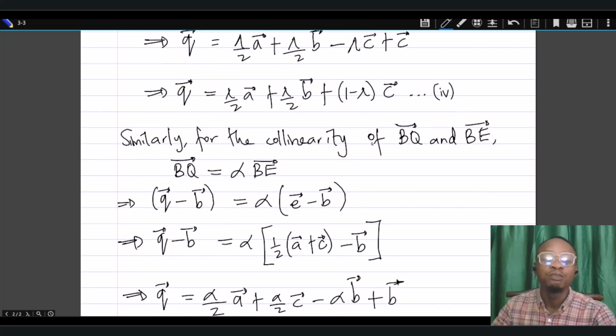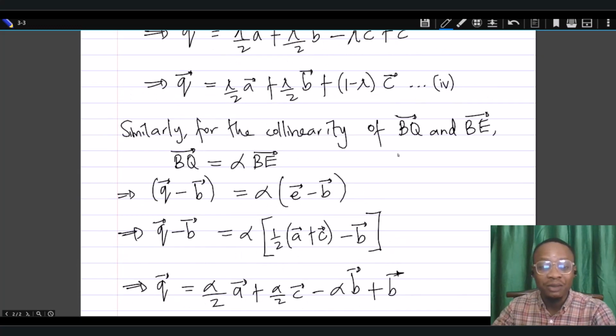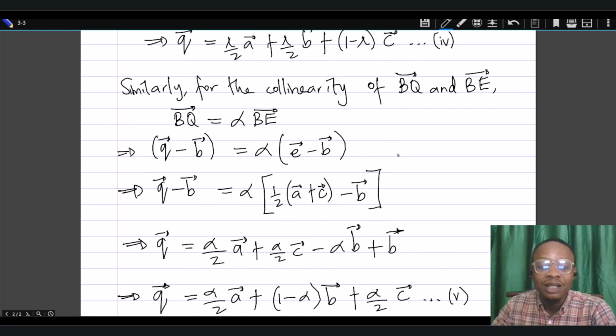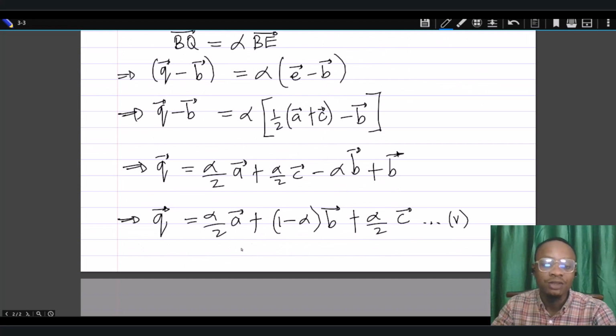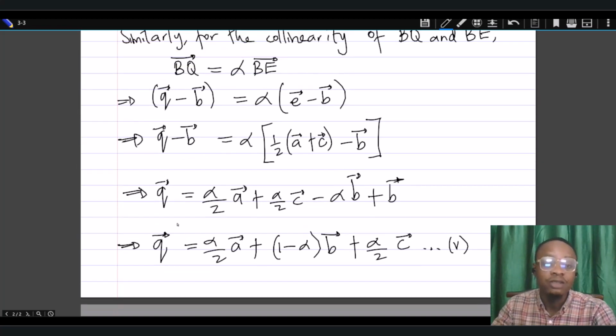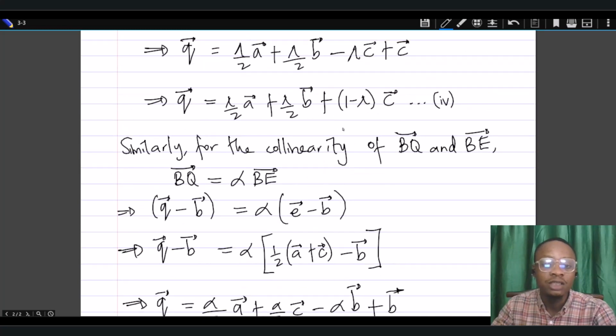Looking at these two beautiful results now, what can you deduce about the point Q here? You see that this is Q written in terms of the position vectors of A, B, and C. This is also Q written in terms of position vectors of A, B, and C. So if indeed there is such a point Q, then these two relations should be equivalent.